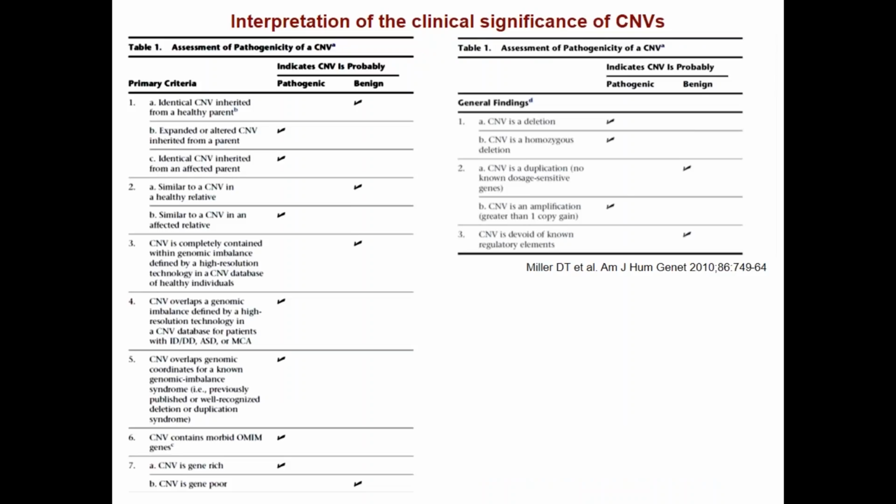Also, unmasking a recessive allele or a functional polymorphism. Imagine you have a point mutation in one gene, and then you delete the other copy of the gene by a CNV, and this is a recessive gene, so you have actually knocked out both copies of the gene. This will give you a phenotype. So these are some of the mechanisms by which CNVs can give a phenotype.